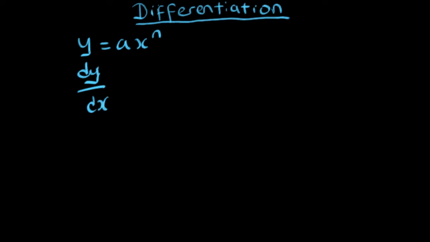That is the basic way differentiation is illustrated, right? That's how you represent differentiation, dy over dx, and that will be equal to, now how do we differentiate this equation given to us here?